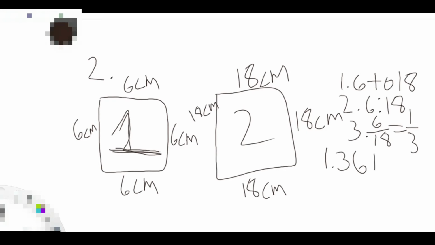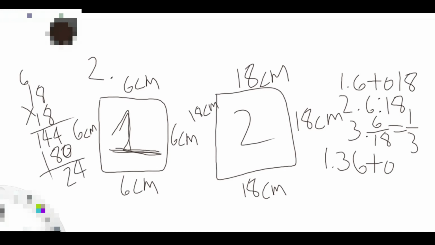For square 2, let's do 18 times 18. 8 times 1 is 8, and 1 times 1 is 1, so 18 times 18 is 324. So it will be 36 to 324.